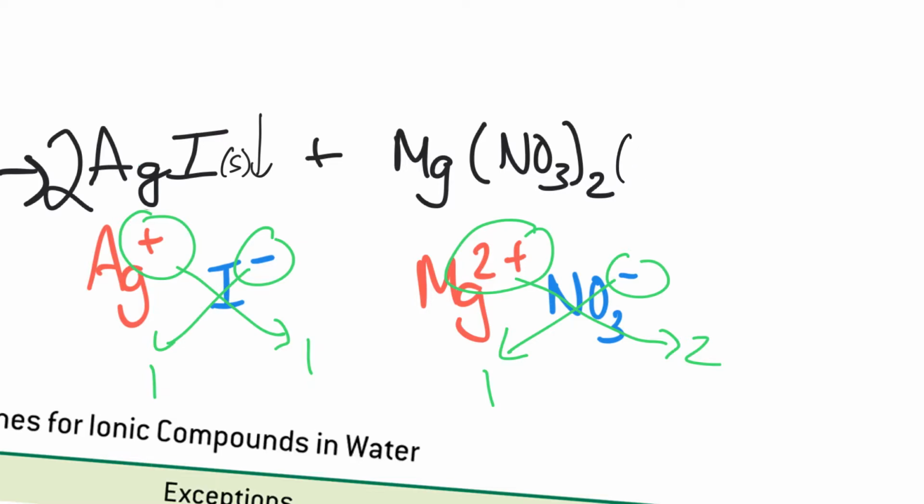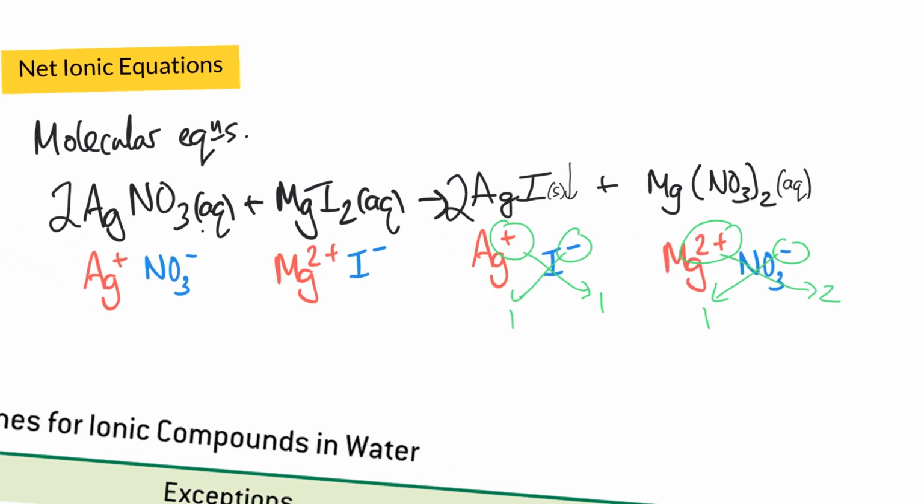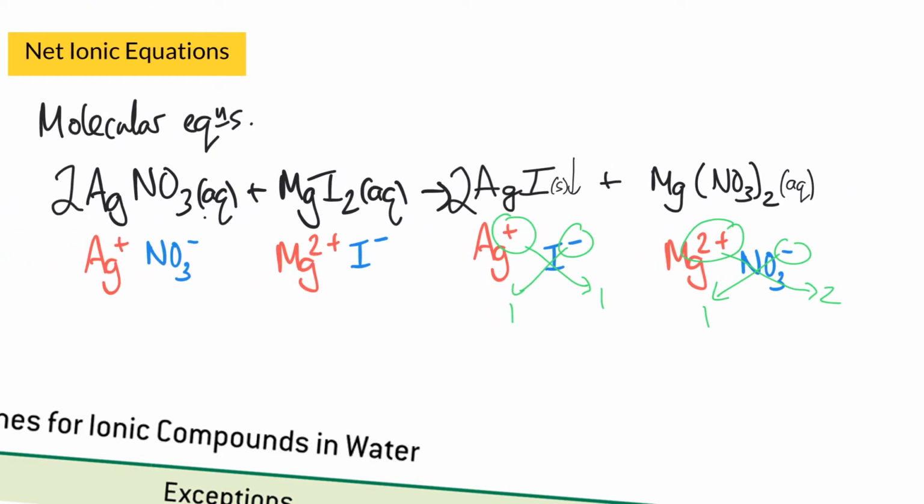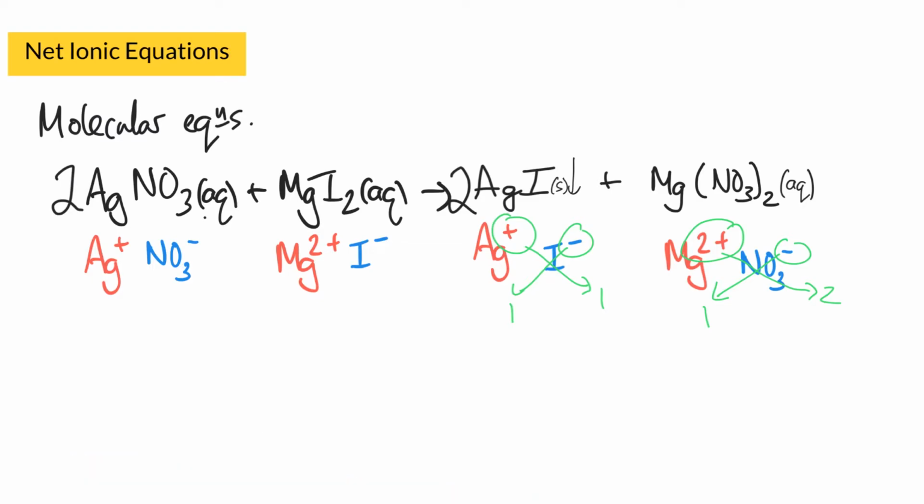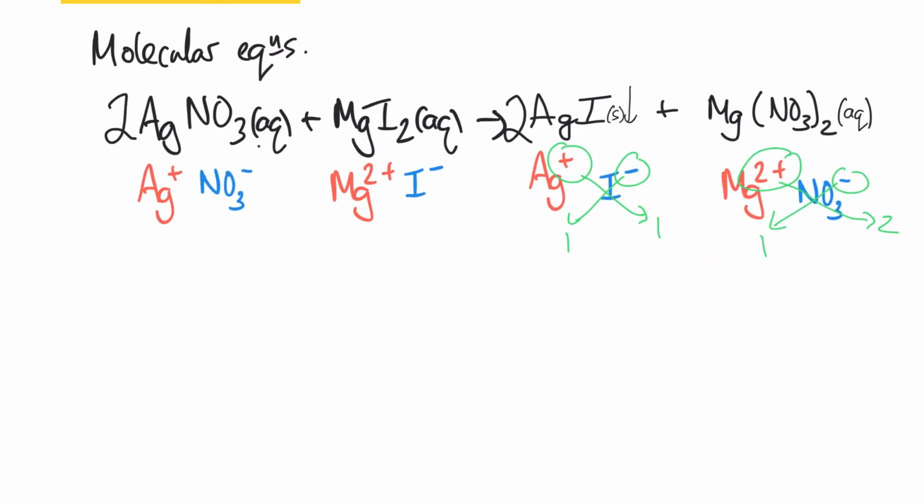That is not soluble. S means it is a precipitate. And so we write aq, short for aqueous, which means it is dissolved in water. And so we have ourselves a wonderful molecular equation. So this is molecular, and this is what we learned to do before the break. So we need to go on and do a couple other things.